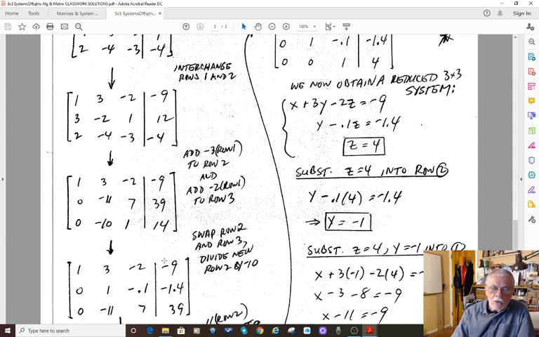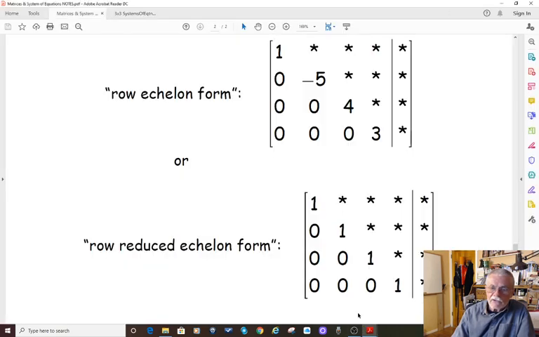So now I'm almost there. I've got a 1 in the upper left-hand corner, and beneath it I have zeros. So if you go back and look at it, I'm gradually creeping toward row echelon form. I've got a 1 here and I've got zeros below it.